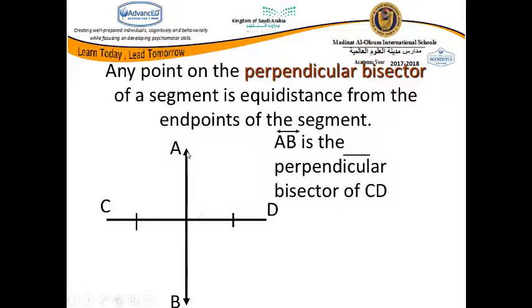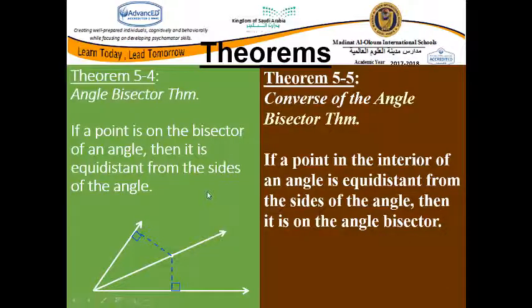Here we said if A lies on the perpendicular bisector to CD, then A is equidistant from the endpoints C and D. And B will also be equidistant, because B lies on the perpendicular bisector to the segment CD.